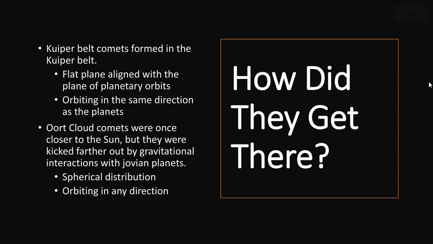And then the Oort cloud, these might be things that were kicked out of the Kuiper belt or the outer and inner solar system by interactions with some of the planets, and so these are spherically distributed and they have lots of random orbits.